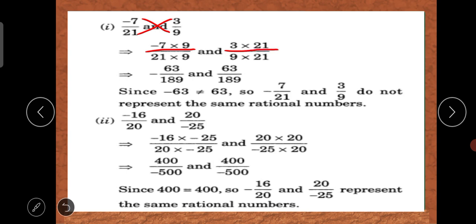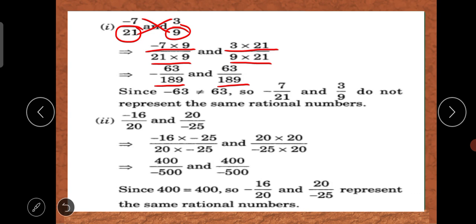Now the denominator, what is given here? 21 and 9 multiply, so we will get the LCM. 21 multiplied by 9 and 9 multiplied by 21, meaning it is the same. So here we will get 189. Here also we got 189. And minus 7 into 9 is 63. And 3 into 21, again it is 63.